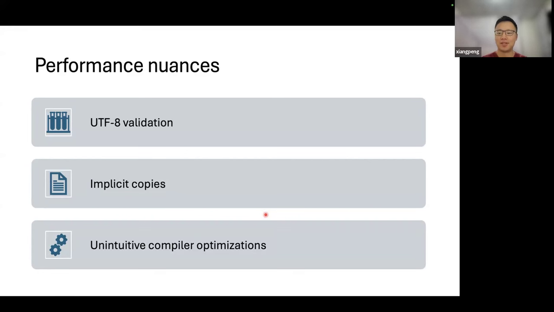Sometimes the compiler is not able to generate efficient code, so we have to look at the assembly and write code in a particular way to guide the compiler to generate efficient code for us. Those are pretty fun topics, and you can find detailed explanations in our blog post.